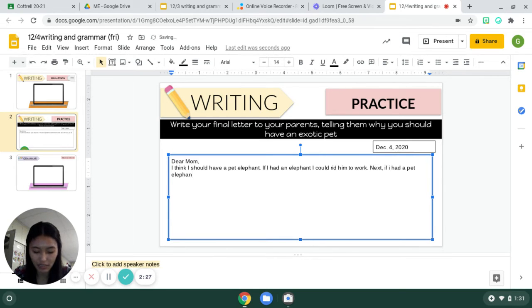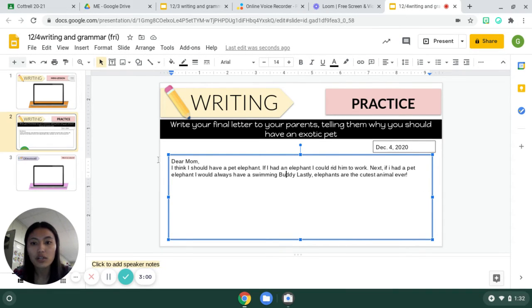Okay, so if I had a pet elephant, I would always have a swimming buddy. Okay, let's see. Now I'm going to go to my last reason. Lastly, elephants, and I'm going to look back at that spelling, are the cutest animal ever.